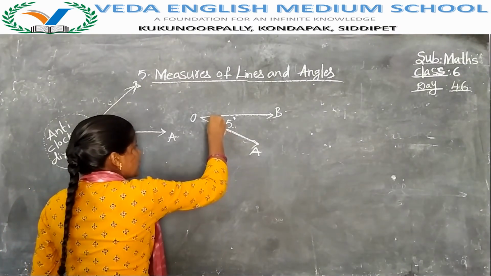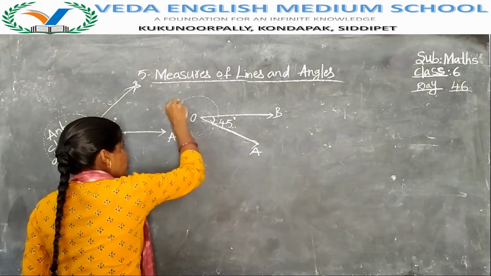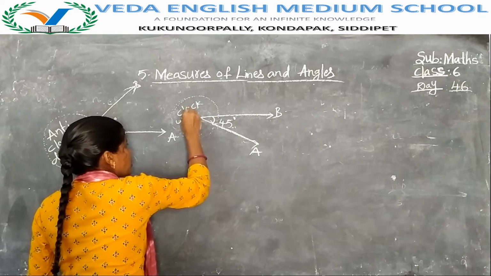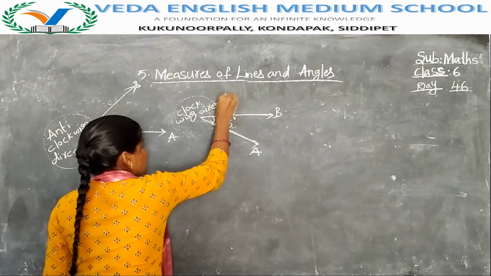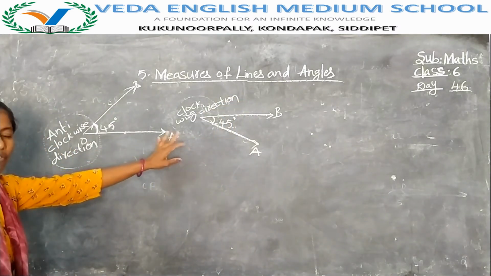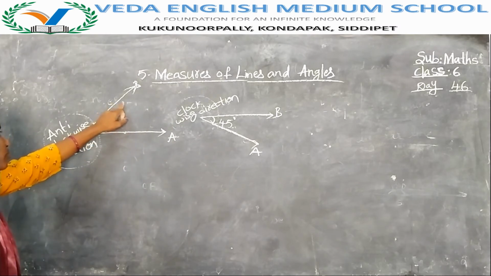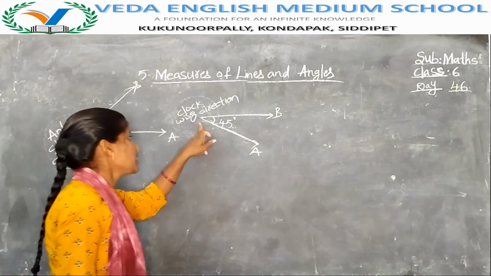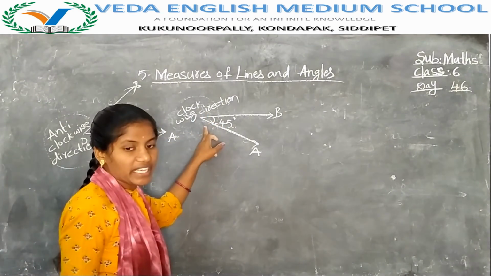This angle is moving in clockwise direction. Both are AOB with 45 degrees, but this angle is moving in anti-clockwise direction with 45 degrees. This one is moving in 45 degrees with clockwise direction.